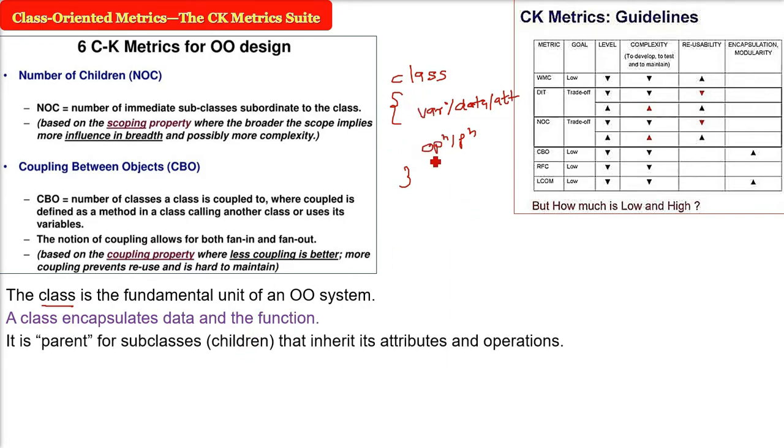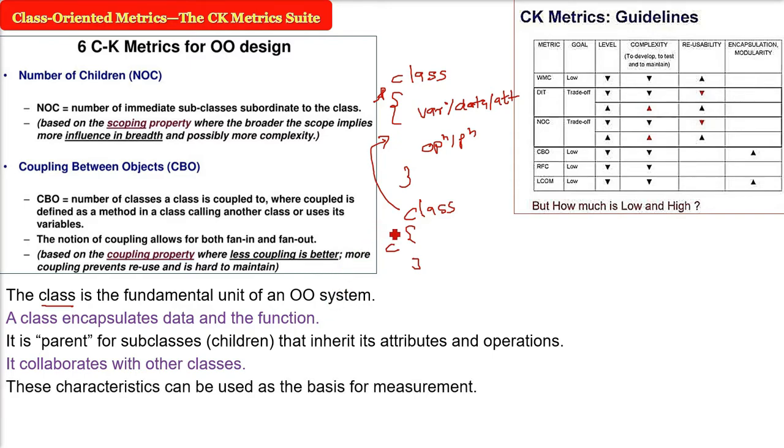There can be a parent class from which subclasses can be inherited. Inheritance means taking the attributes and operations as they are. There can be another class which is a subclass of a superclass, or the parent. And these all collaborate with one another. So these characteristics can be used as the basis for measurement and metrics.